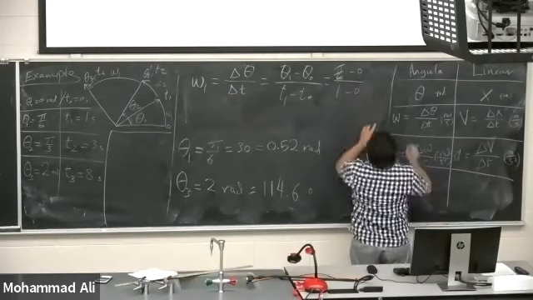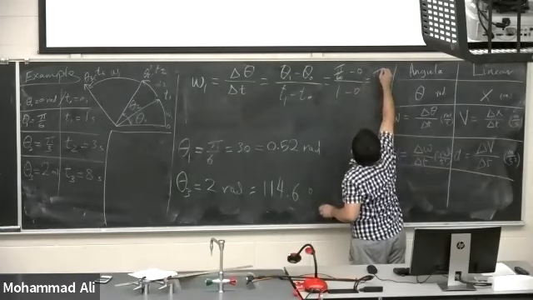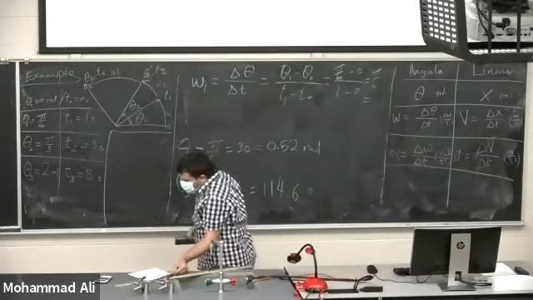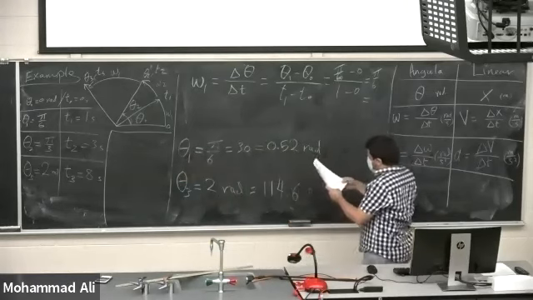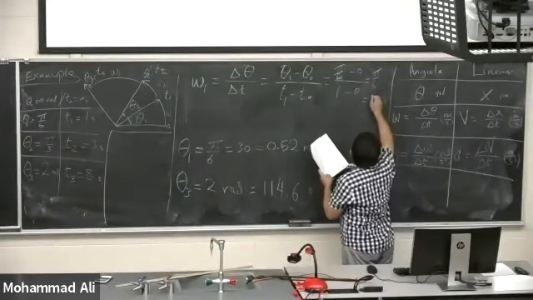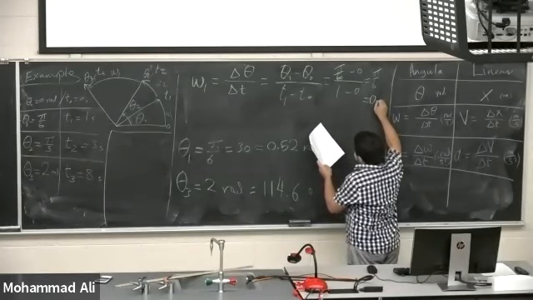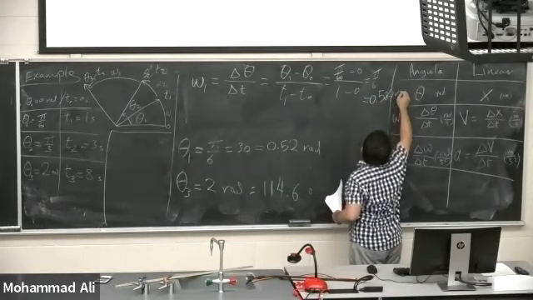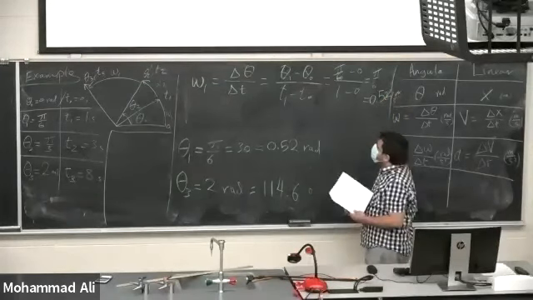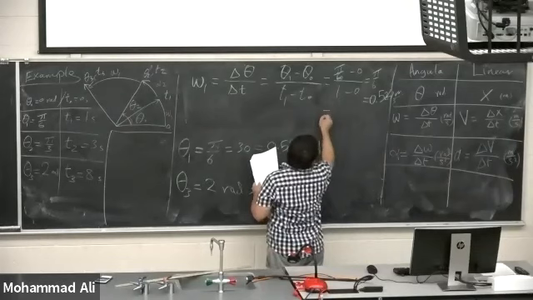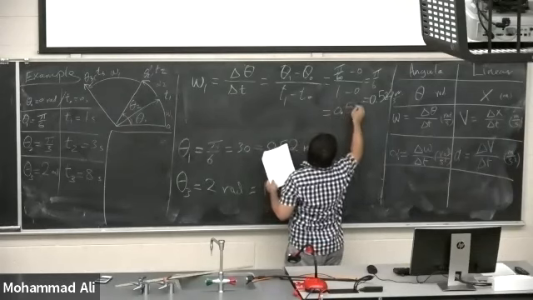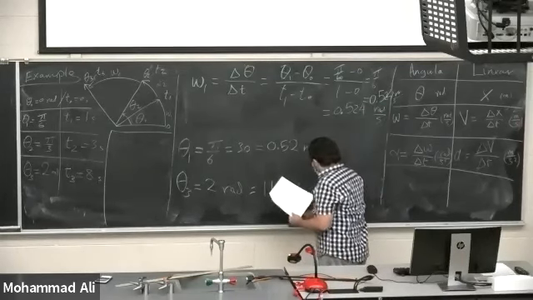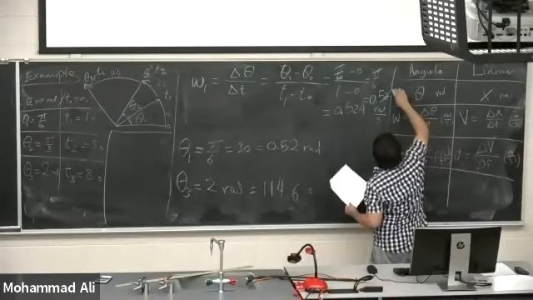It will be equal to pi over 6, which is equal to 0.524 radians per second. Radian per second, it is a velocity.